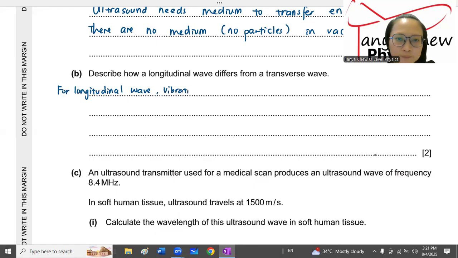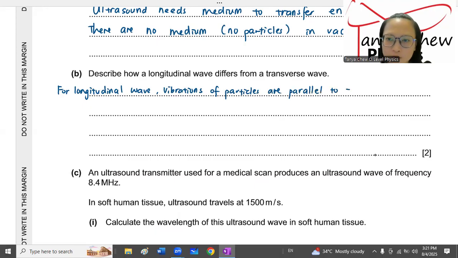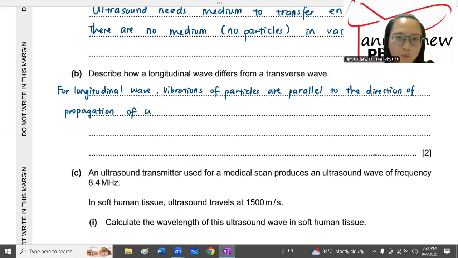vibration of particles are parallel to the direction of propagation of wave. That's it.